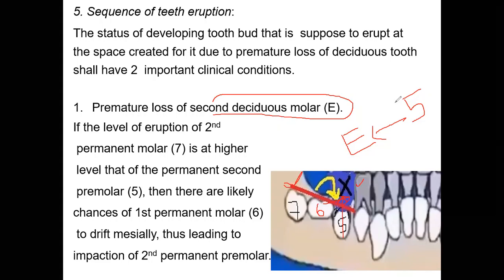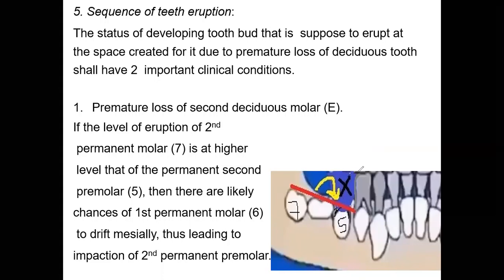Okay, I'm repeating again that if the second deciduous molar is exfoliated for any reason and the 6 has not yet erupted into the oral cavity, I want to know whether I shall give the space maintainer or not.